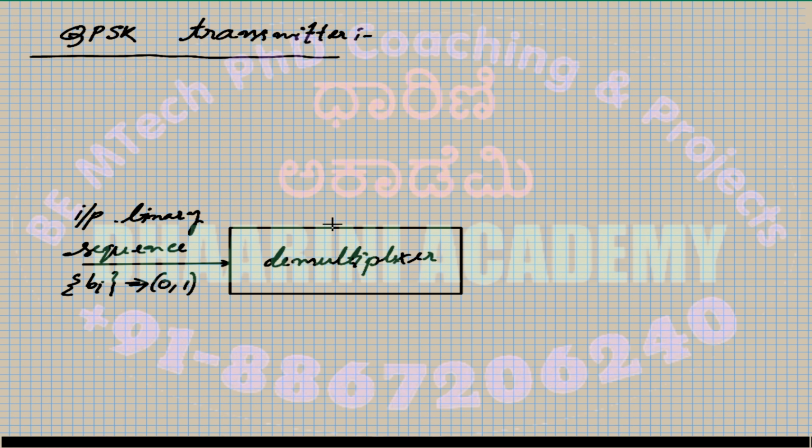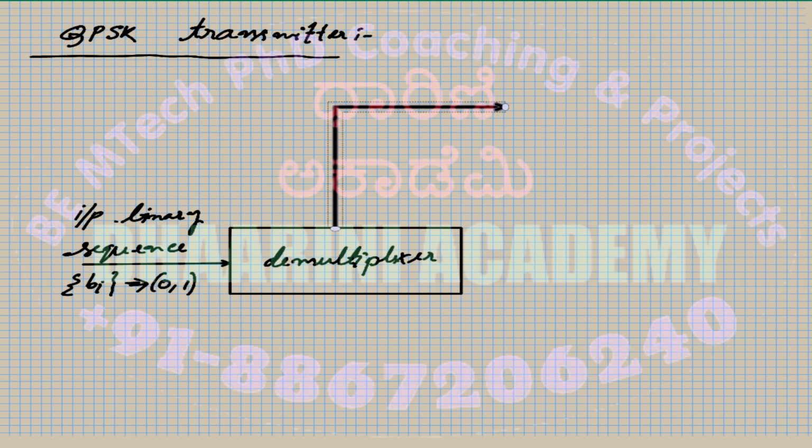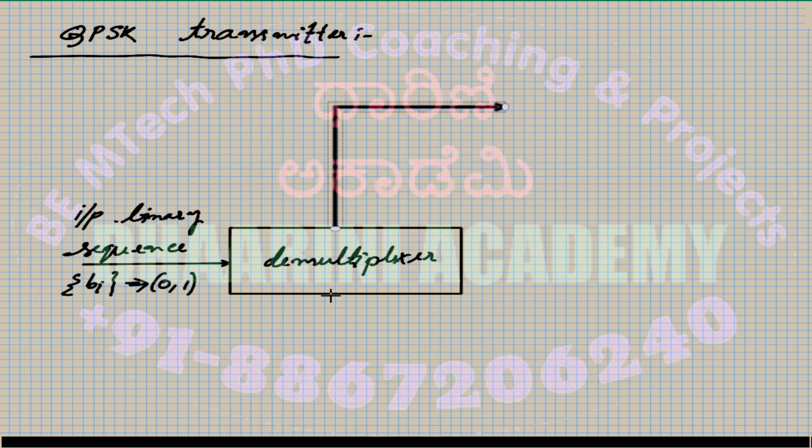It generates two different parts. Let's assume the first one comes from the top side, and another part is generated from the bottom half as a different channel.